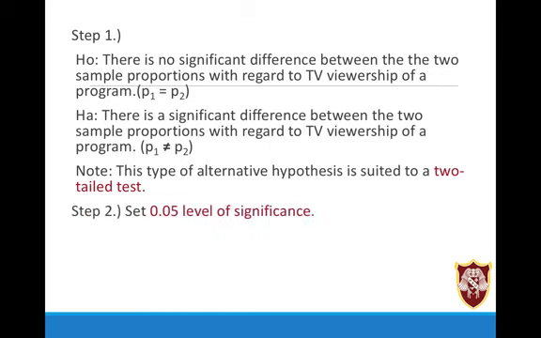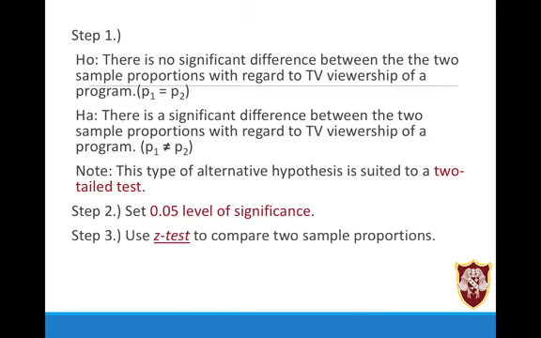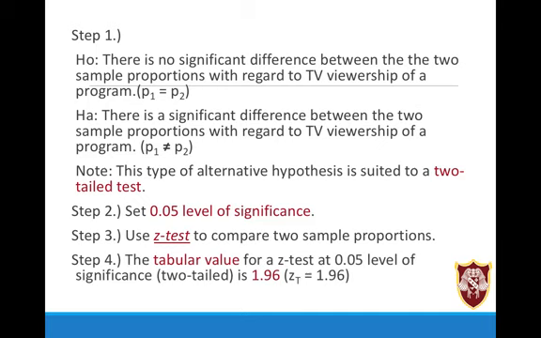The level of significance is set at 0.05. So again, we use z-test to compare two sample proportions because t-test has no corresponding formula for comparing two sample proportions. The tabular value for a z-test at 0.05 level of significance for a two-tailed test is 1.96. So you just verify that from the z distribution table.